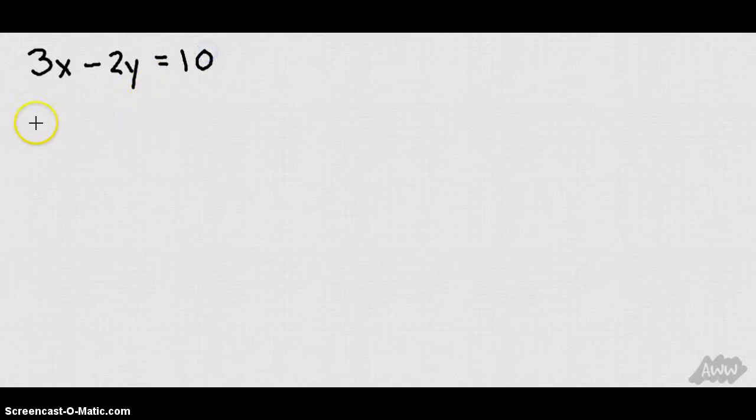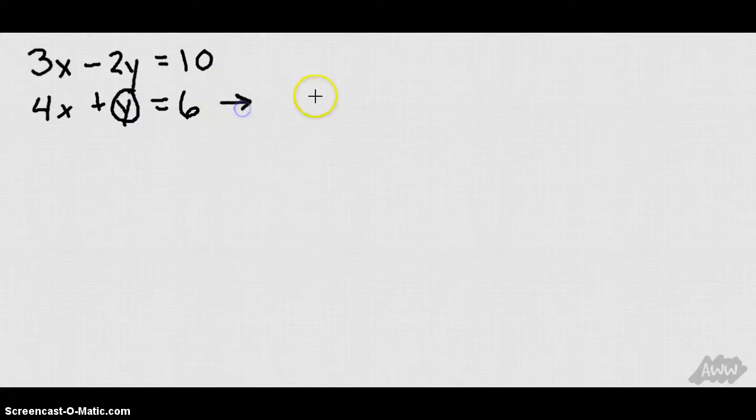I also have 4x plus y equals 6. In order to use substitution, I have to choose a variable to solve for. I think the easiest variable to solve for is this y right here because it doesn't have a coefficient.